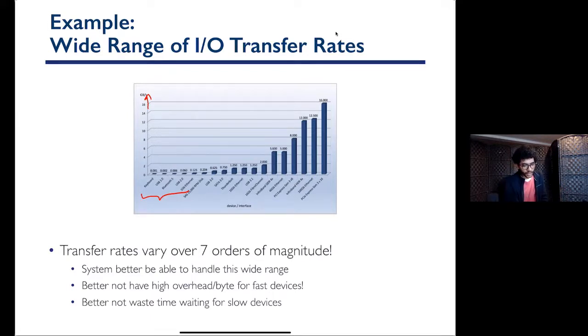And on the higher end of this spectrum, you have the PCIe devices. These provide exceptionally high data transfer. In fact, we're going to talk a little bit about PCIe devices. As you can see, there's an order of magnitude difference between these, and this is just one aspect of I/O devices, the aspect of transfer rate.